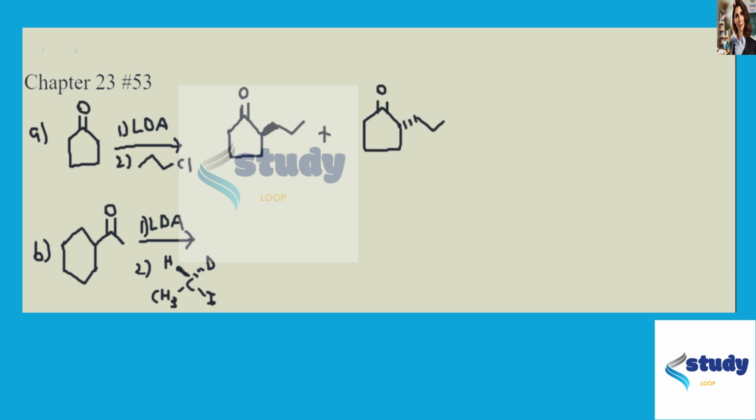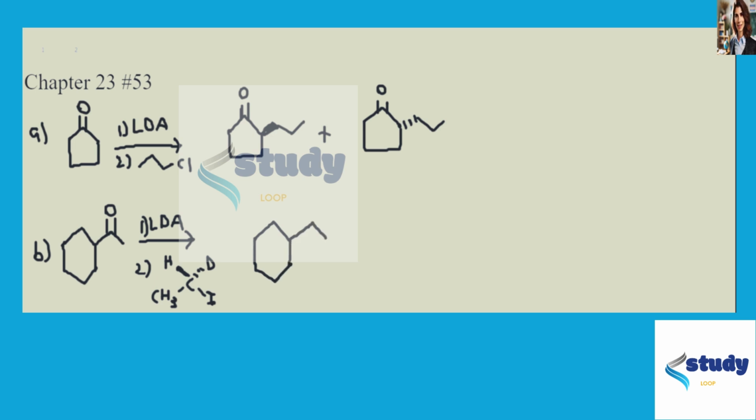Okay. Part B is kind of a trick question. So there's stereochemistry in the alkyl halide that we're using, but doing this reaction does not induce a new stereocenter. And so we're only going to get a single enantiomer here.